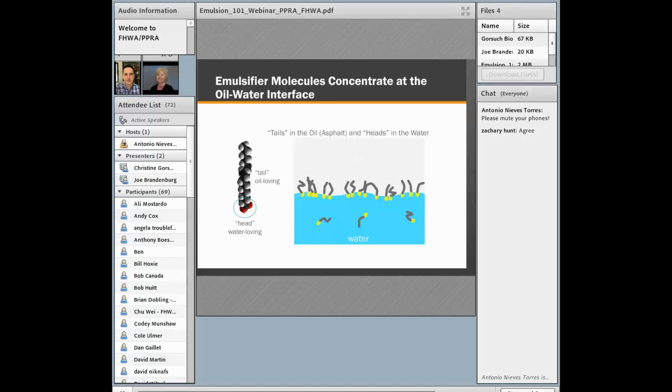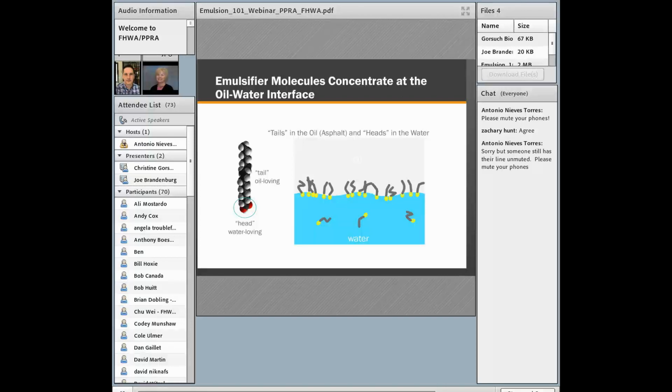It's that emulsifier structure that allows it to put its head group on the surface of the droplet and its tail in the asphalt. Because of that structure, the head group is polar, hydrophilic, water-loving, and the tail group is oily, so it's fat-loving.